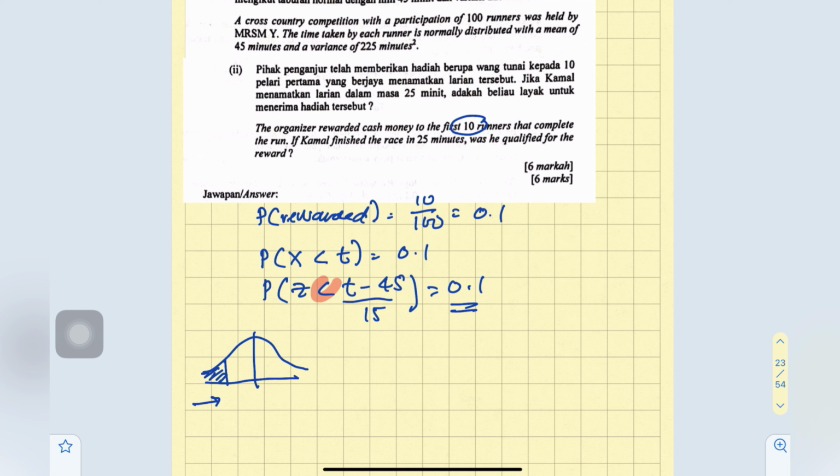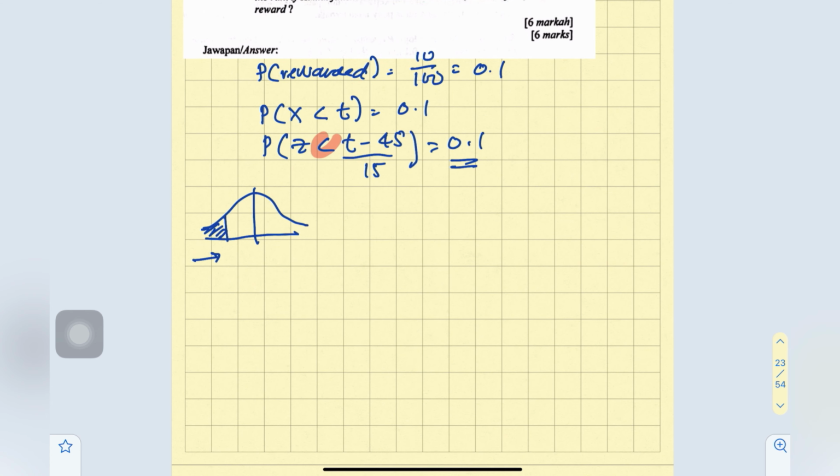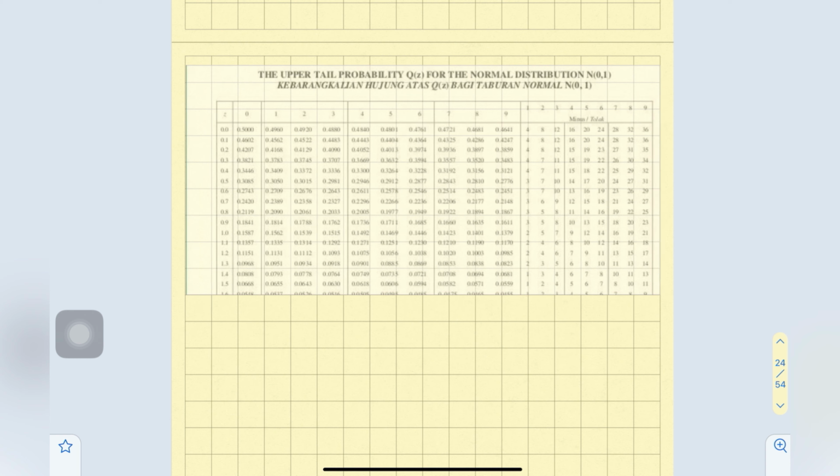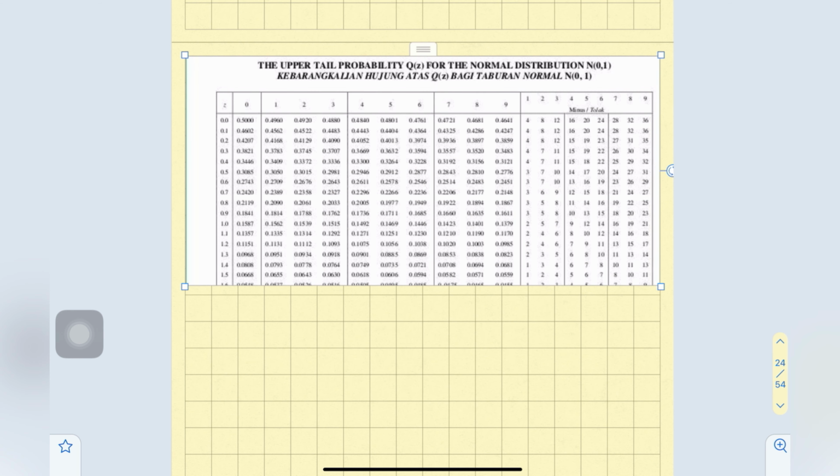Okay, so ni kita nak carilah dia punya T, (T minus 45) over 15 ni. Kita kena guna table. Dekat sini kita ada table. Kita kena carilah 0.1. 0.1 kita tak ada kot. Jadi kita cari yang lebih sikit. This one. Lebih 3 tak ada, kita ambil 4 lah.